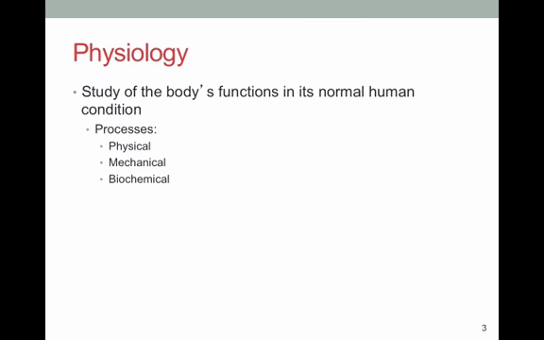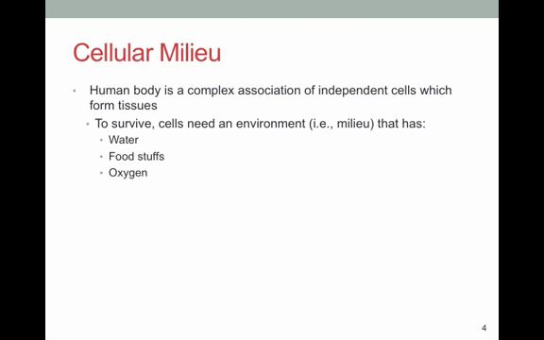So, first thing we want to talk about here is physiology, which is the study of the body's function in its normal human condition. The processes of this can be physical, mechanical, and biochemical. Cellular milieu. The human body is a complex association of independent cells which form tissues.